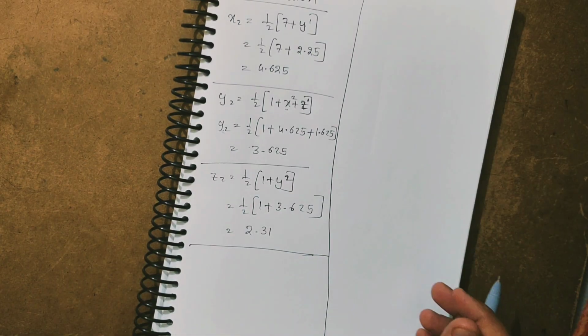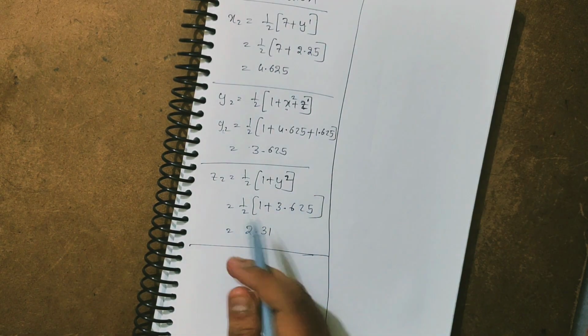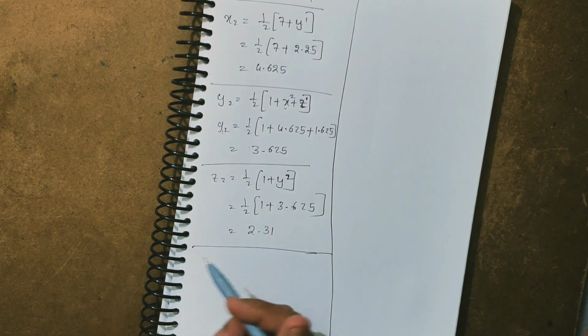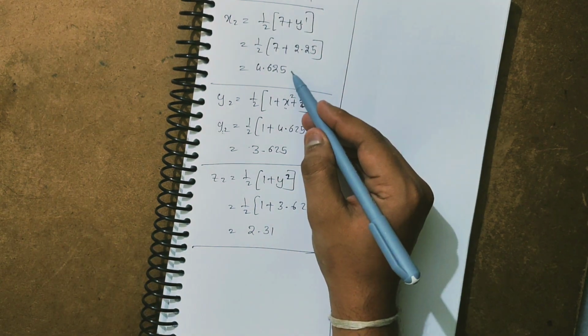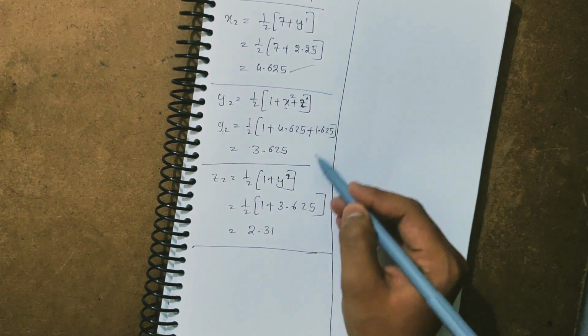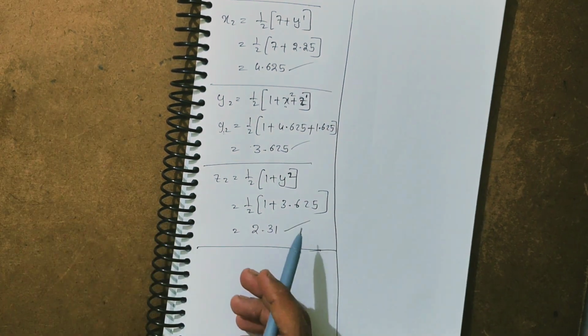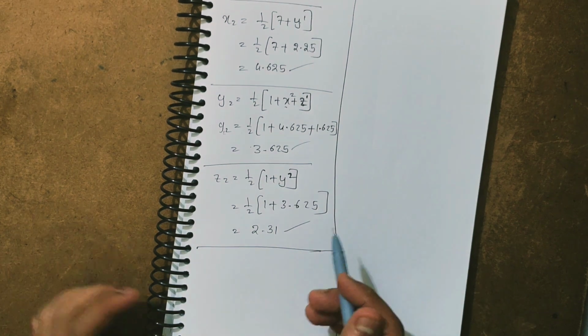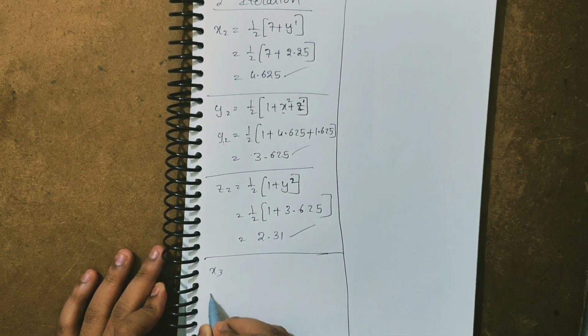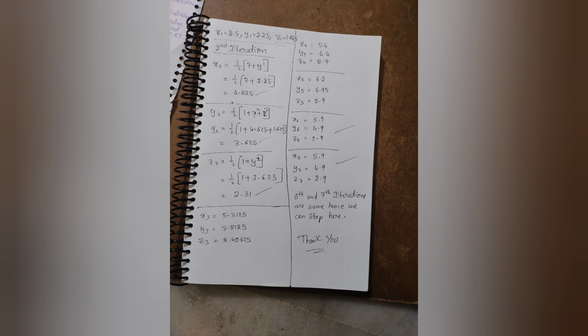So till when should we stop these iterations? We have to do this till we get the same results. I have written here x3, y3, z3, which is nothing but the third iteration, and also the fourth and fifth iterations.